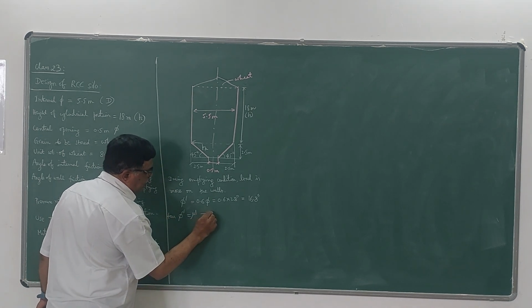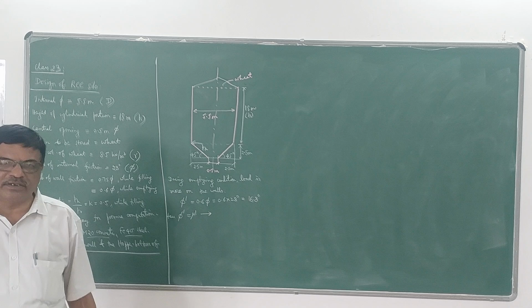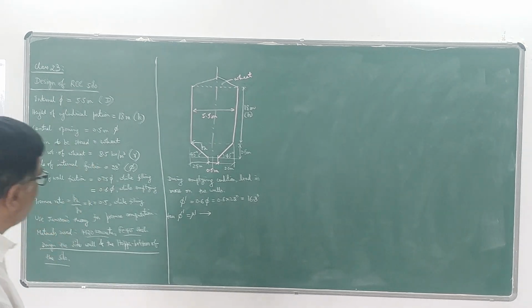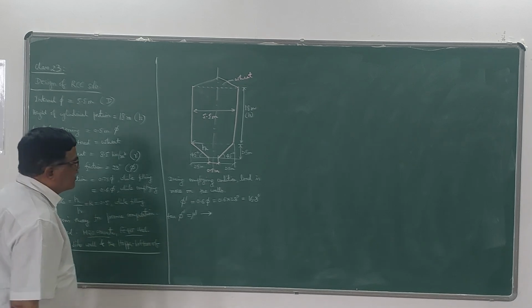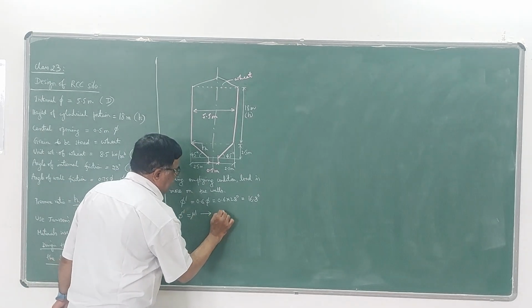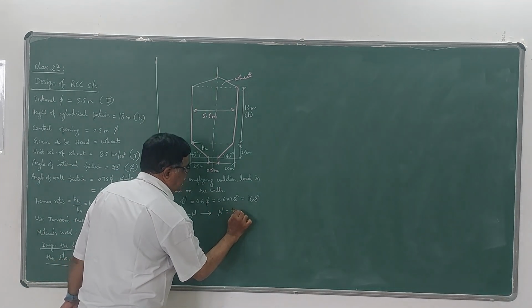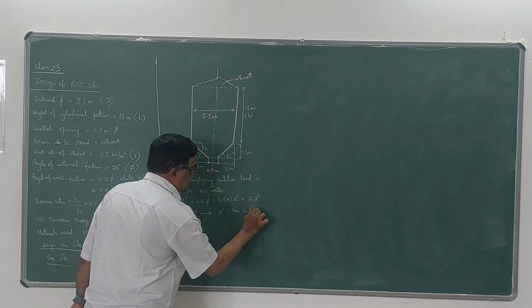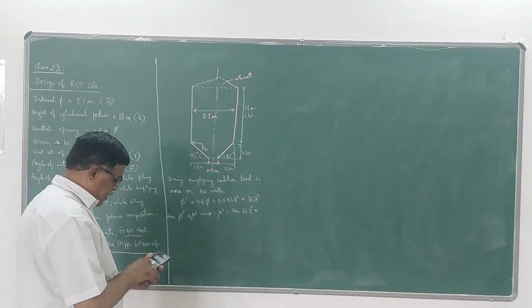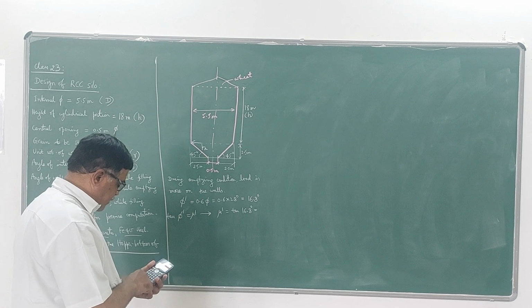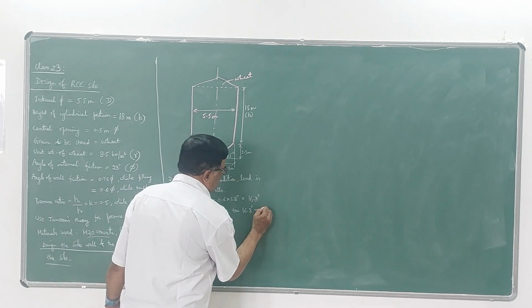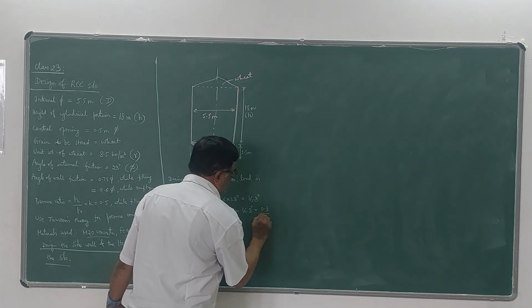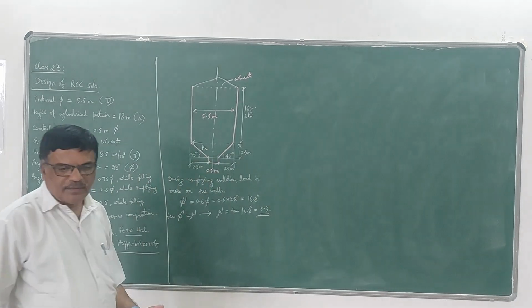I have told in the earlier lecture that mu dash is the coefficient of friction between the stored material and the concrete wall. So you can get the value of mu dash as tan of 16.8 degrees, which will be 0.3. So the value of mu dash is 0.3.